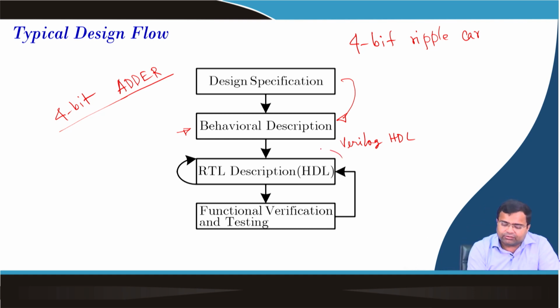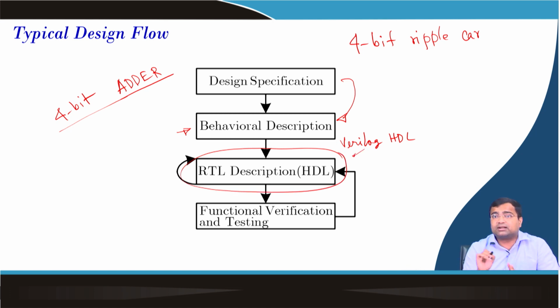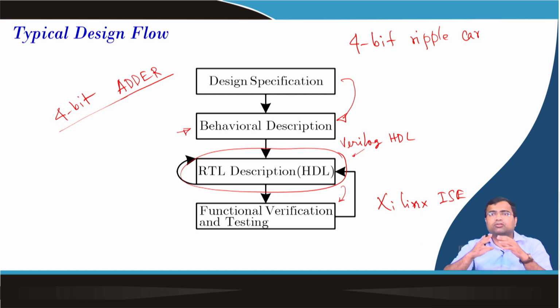So, here you will get an RTL, and that will come using Verilog HDL. Once you get the RTL, then you can do functional verification testing, and using Xilinx ISE I will show different timing diagrams, that means the functional verification, whether it is actually working or not. We have to make sure it is working.